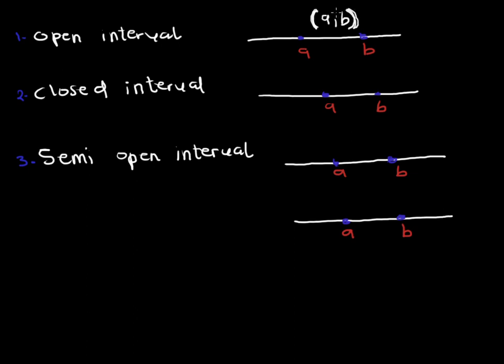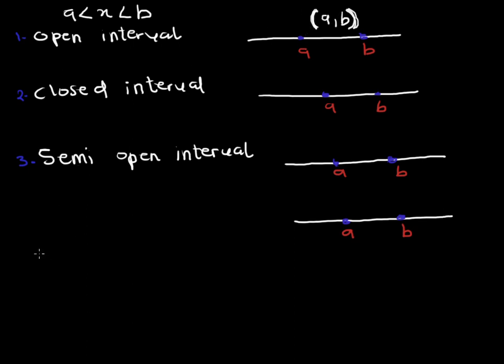The difference in their brackets actually makes the difference. That's not the only difference, but this is one of the differences. Now, this can also be expressed as a < x < b. What do these two equivalent statements mean?